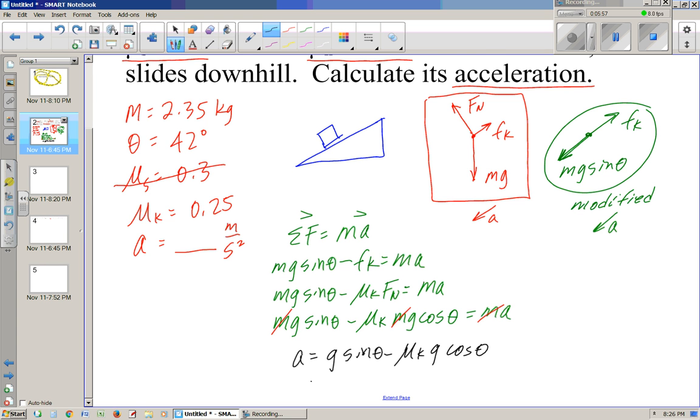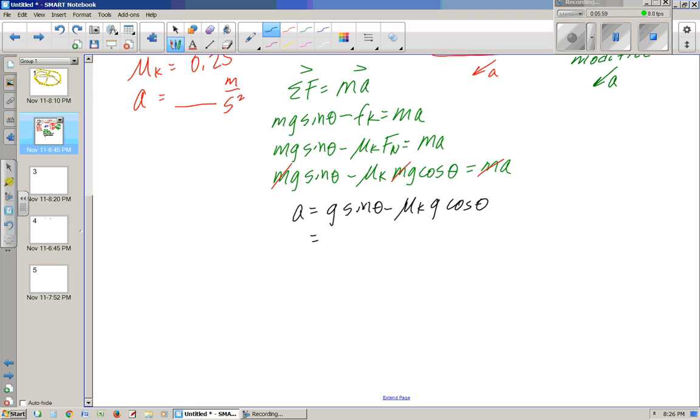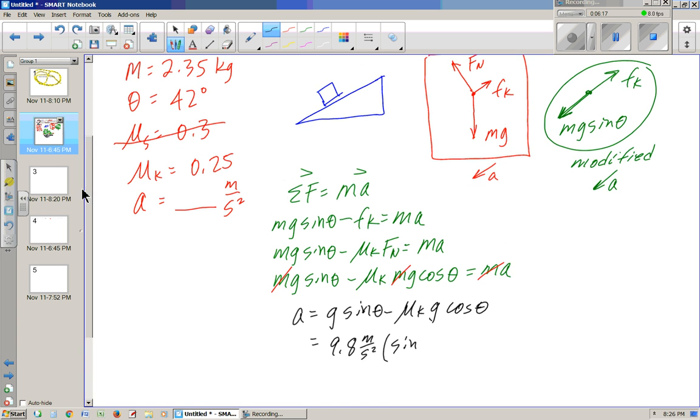Okay, so all we have to do now is substitute, and as I mentioned before, I don't like to factor out the g because a lot of times it gets lost, so we'll just keep it like this. It's only a couple seconds longer to write the problem, so 9.8 meters per second squared times the sine of what was that, 42 degrees? Let me check that. 42 degrees.